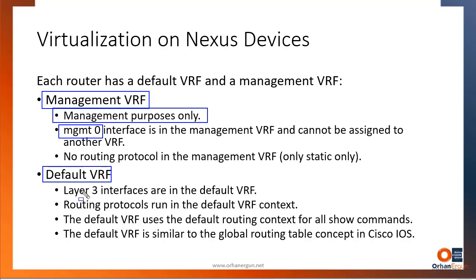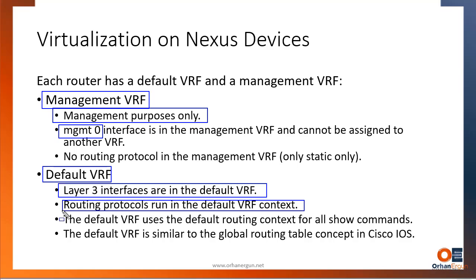What about default VRF? We have the default VRF there in place, like global context on routers, and every layer 3 interface is going to be in default VRF by default. I'm going to show you in a second. And we can have routing protocols in there, pretty much like what we had before, and I'm going to configure that in a second.